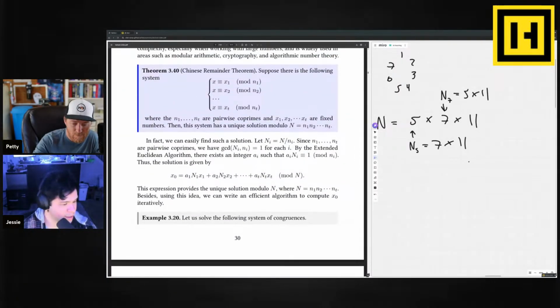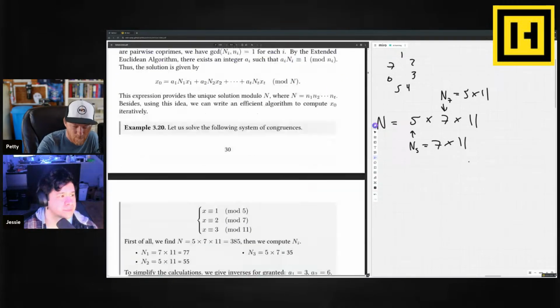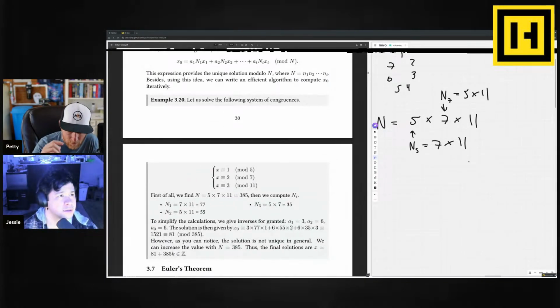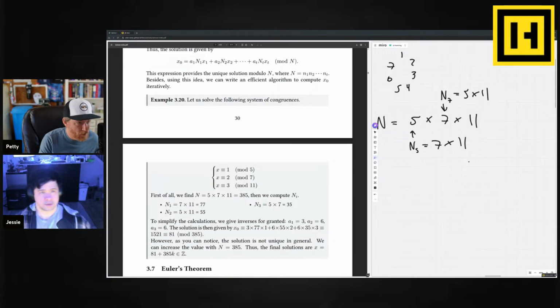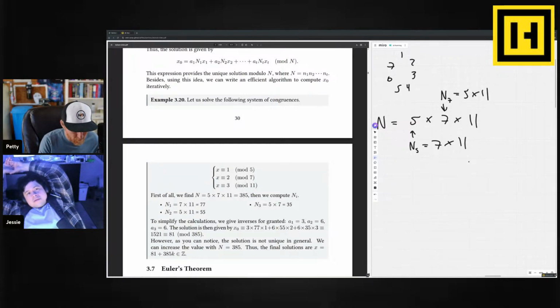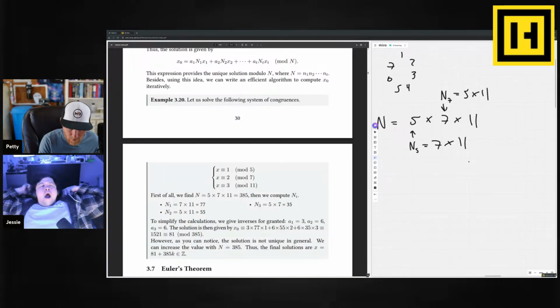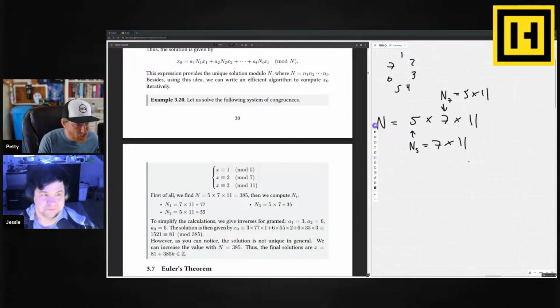We just multiplied it all out. 3 times 77 times 1, plus 55 times 6 times 2, plus 6 times 35 times 3 is 1521.